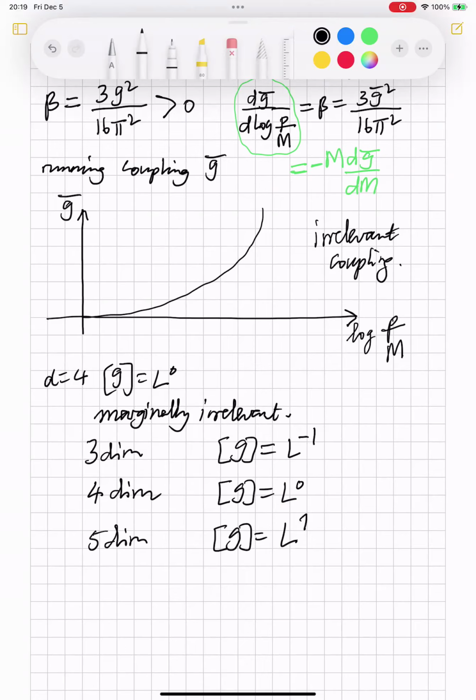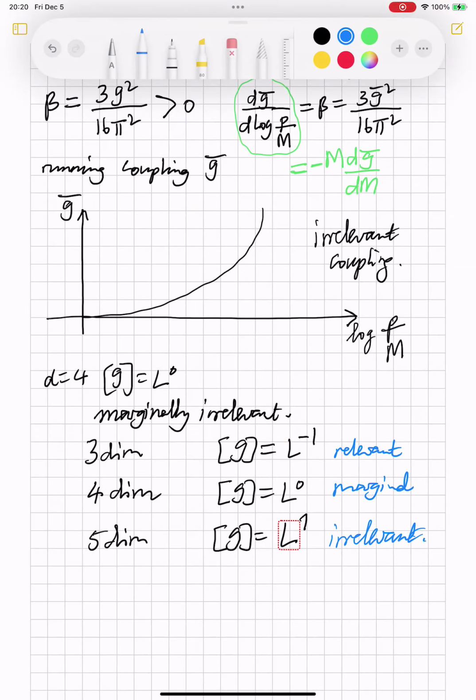So what does this mean? In 3 dimensions, because g is an inverse length, it means that this coupling is relevant. In 4 dimensions, this coupling is marginal, and in 5 dimensions, it is irrelevant. So if we lower the number of dimensions, we tend to make couplings more relevant.